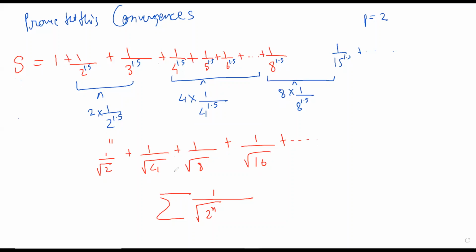Now we have to decide if this converges or not. If this converges, then ours definitely converges. But if this diverges, then we cannot say anything, since the smaller one can still converge. This should converge.